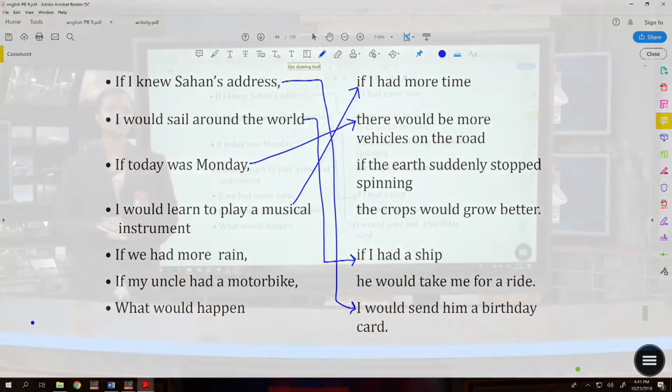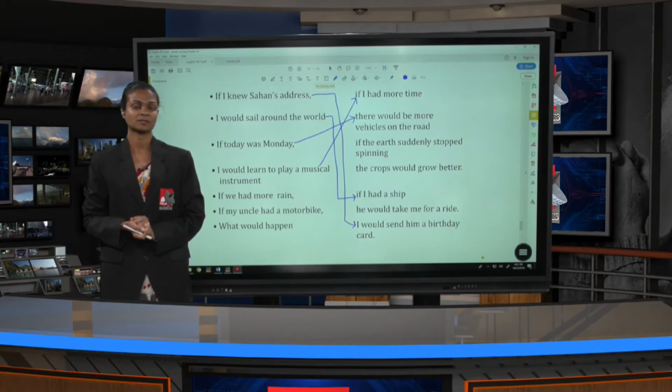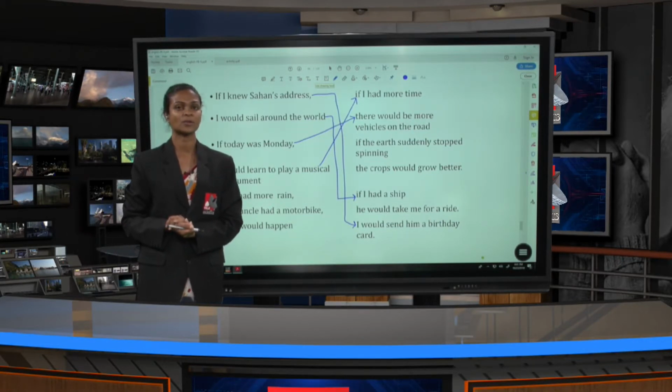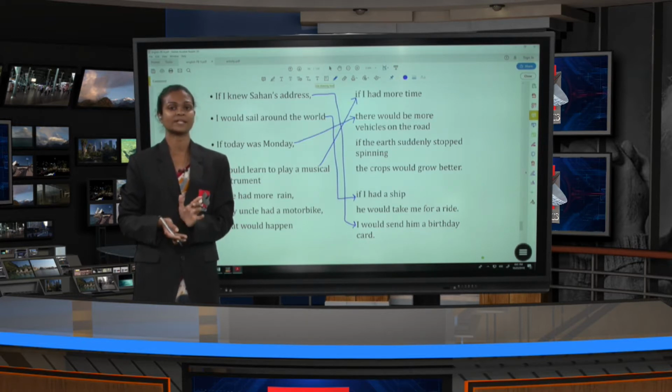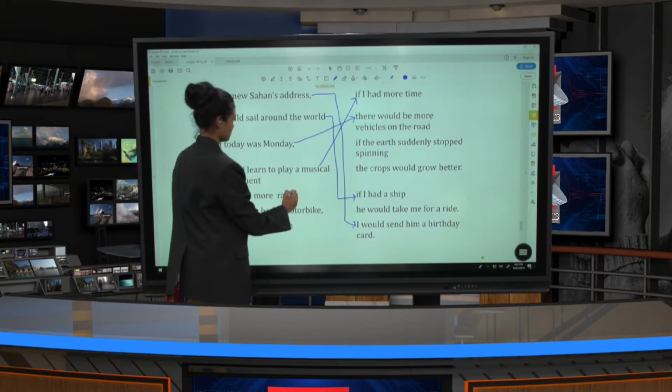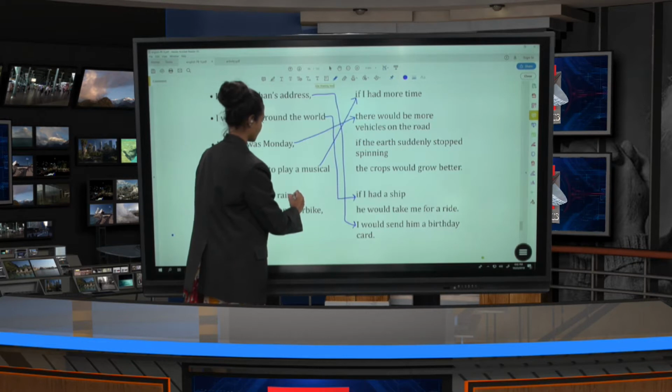Next one. If we had more rain, what would happen? The crops would grow better.